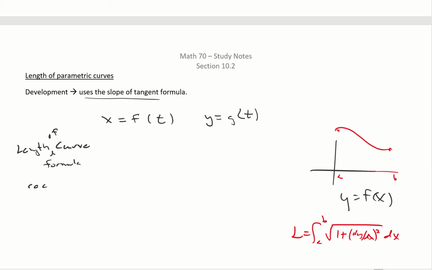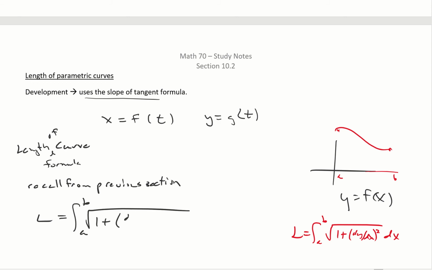We'll say recall from previous section, the length of curve, as I described on the side there, is the integral from A to B, square root, etc. Now that's an integral with respect to x.